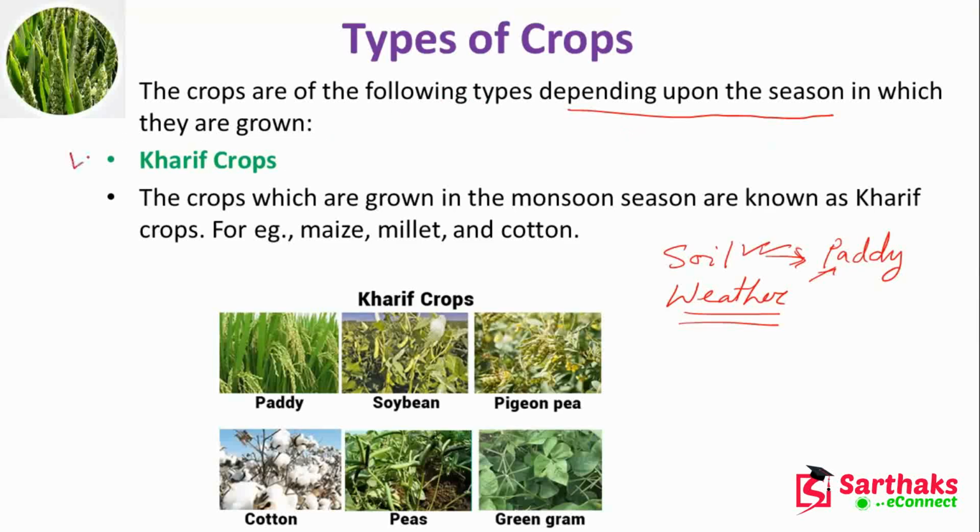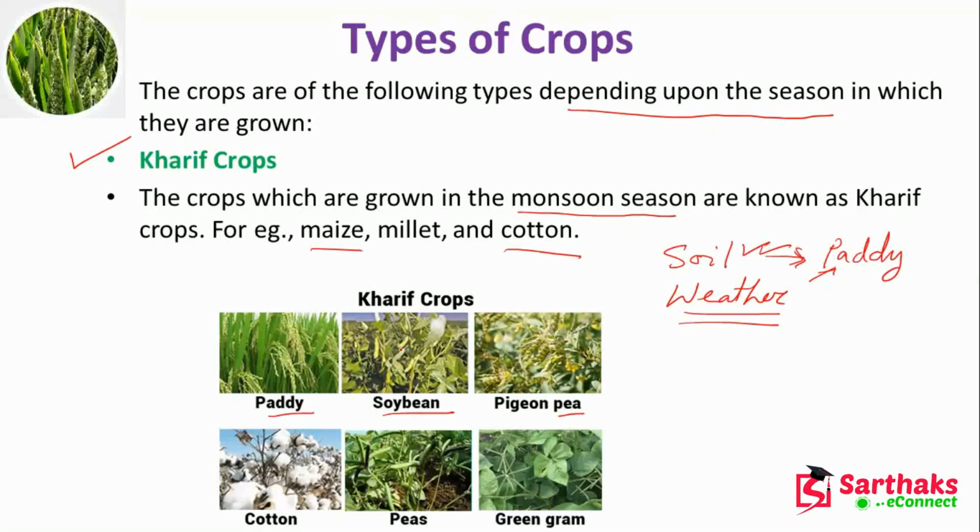Like first is the kharif crops. The crops which are grown in the monsoon season are known as the kharif crops, like maize, cotton, paddy, soybean, and pea. These are the crops which are very, very important for the monsoon season.